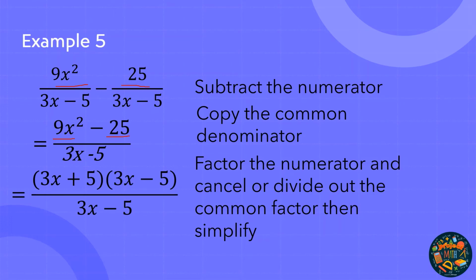So the factors are 3x plus 5 and 3x minus 5 over the common denominator 3x minus 5. Then, cancel or divide out the common factor. Common factors are 3x minus 5 and 3x minus 5. So the final answer is 3x plus 5.